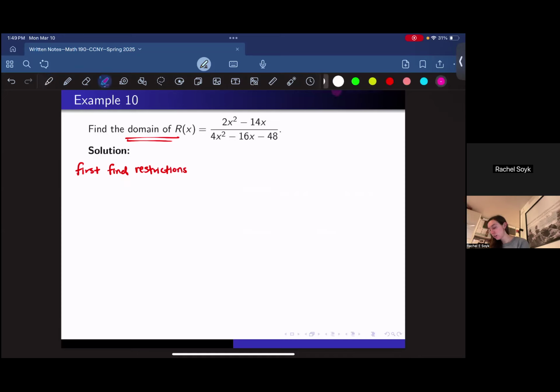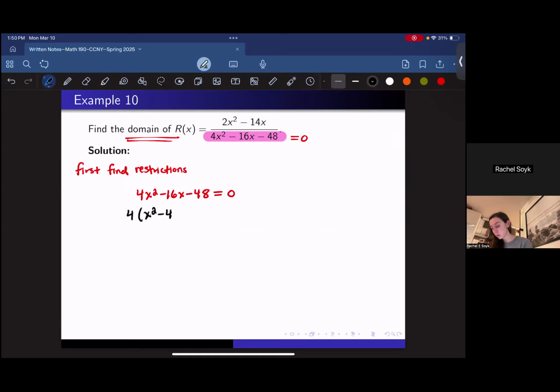So how do we do that? We need to set this denominator equal to 0 to find those values that make the denominator undefined. Now 4x squared minus 16x minus 48, we can pull out a greatest common factor. Let's pull out a 4.